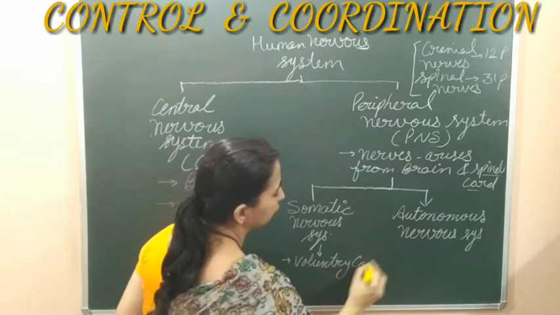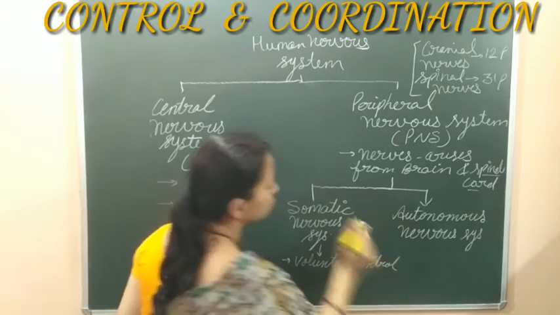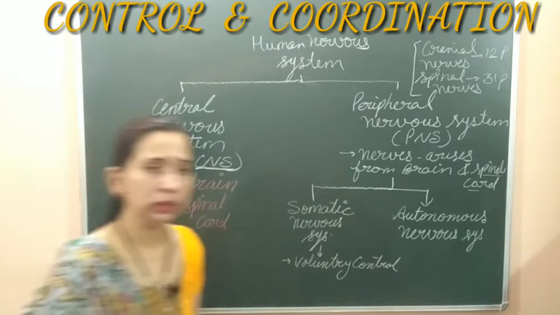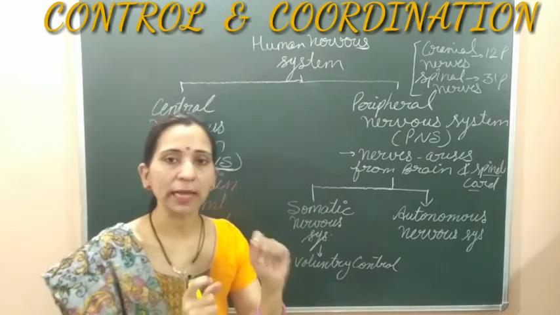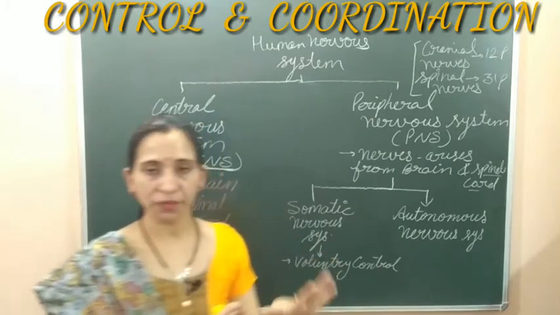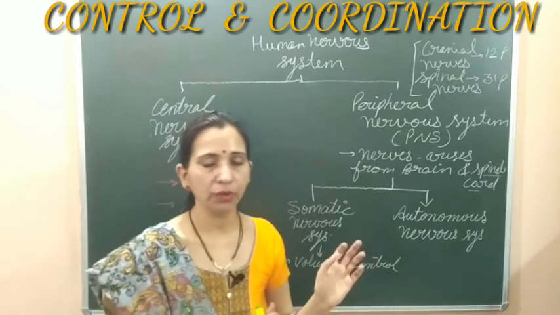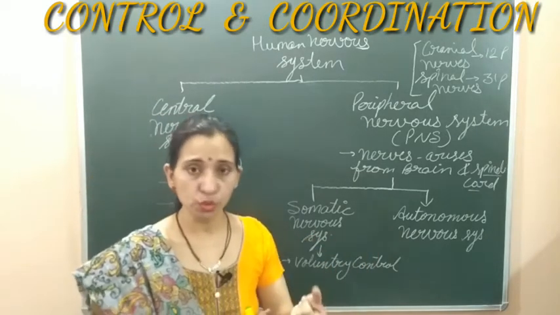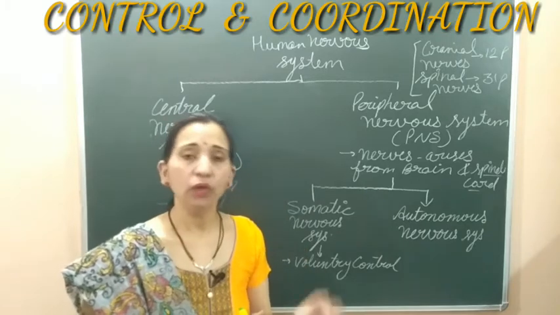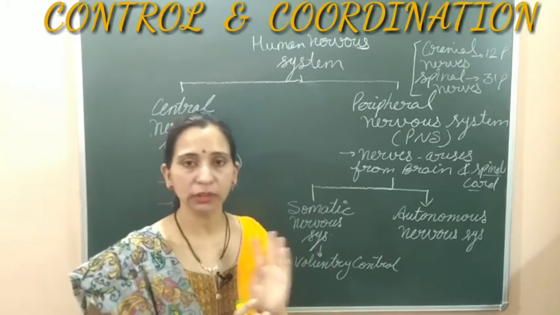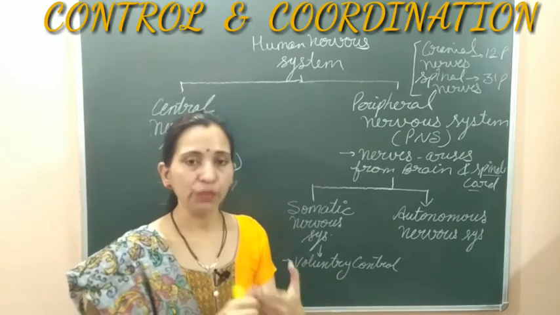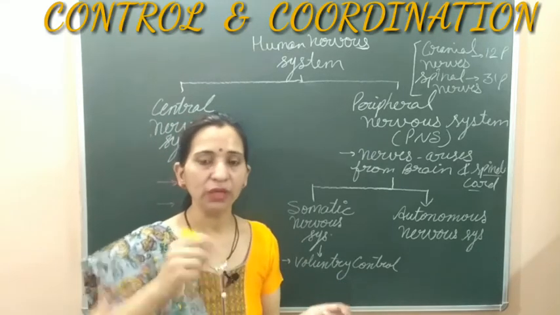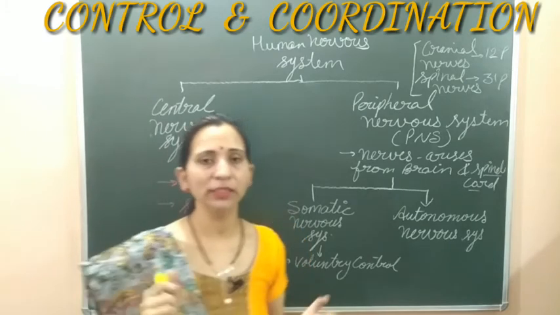And the nerves of the somatic nervous system are joined with the skeletal muscles. You know the different types of muscles present in our body, like skeletal muscles, smooth muscles, cardiac muscles, out of which the skeletal muscles can move by our will. So these muscles are voluntary actions. They are related with our skeleton. They need to be moved.